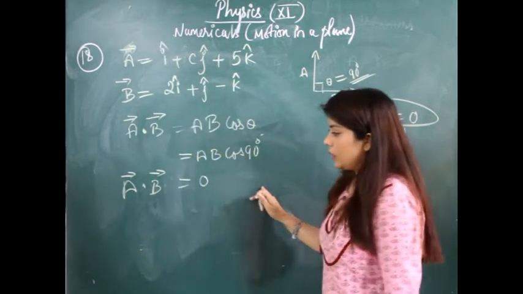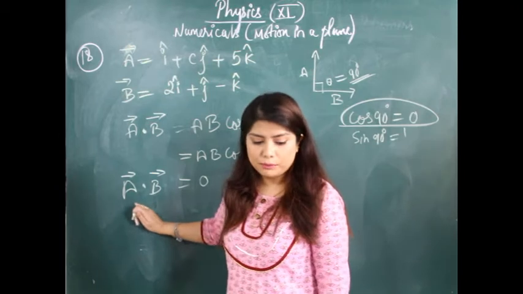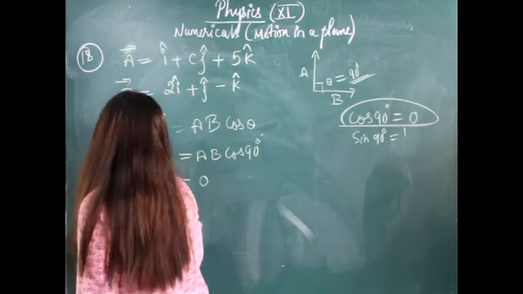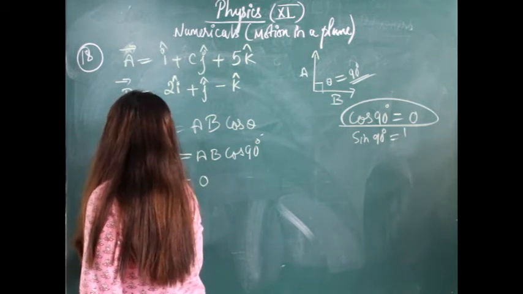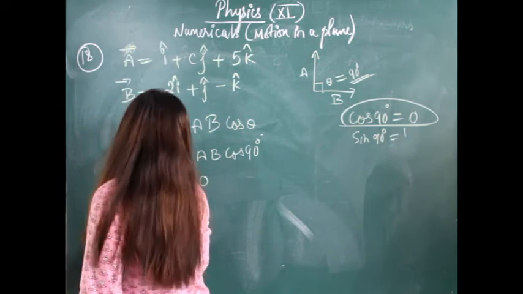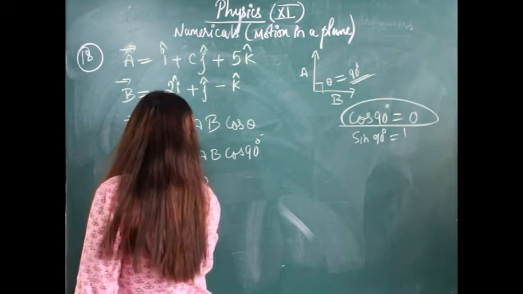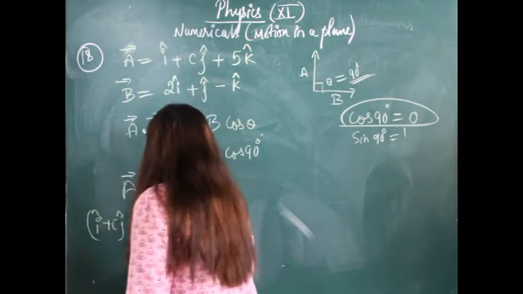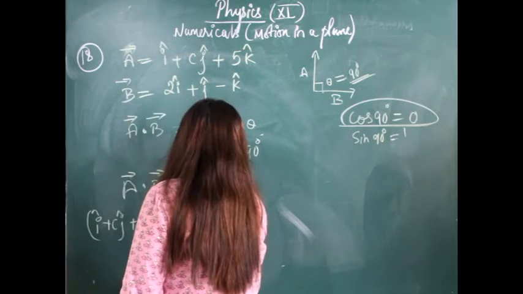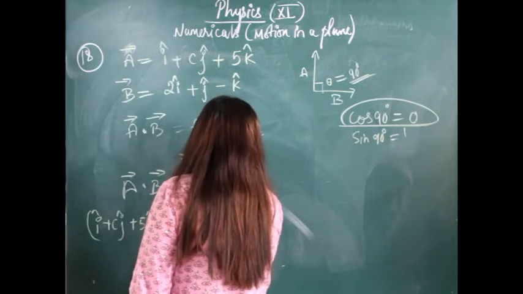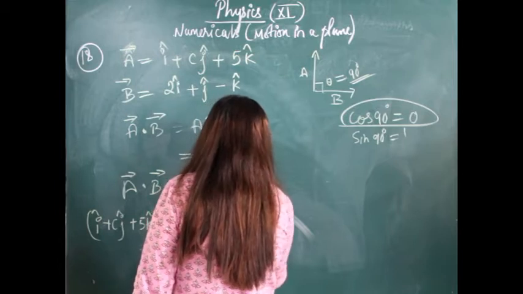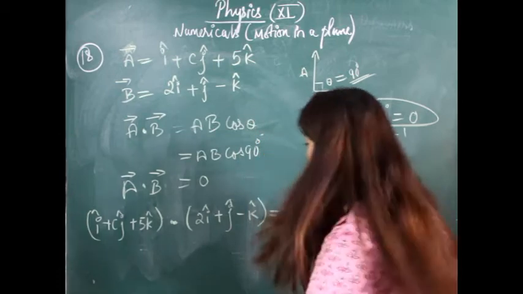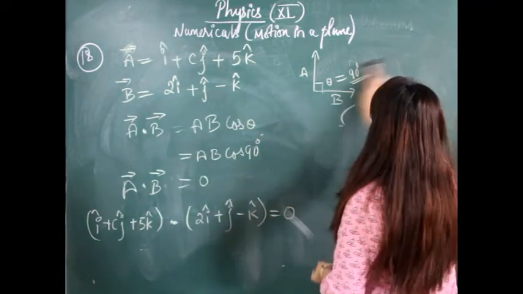Next we will find A dot B. So A is this one, and B is 2i plus j minus k, and A dot B is equal to 0.